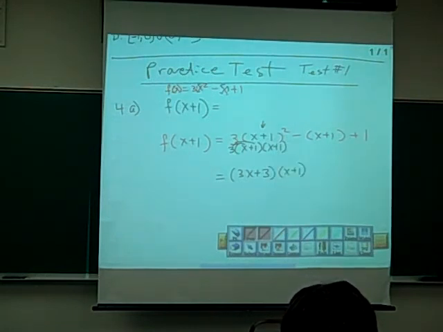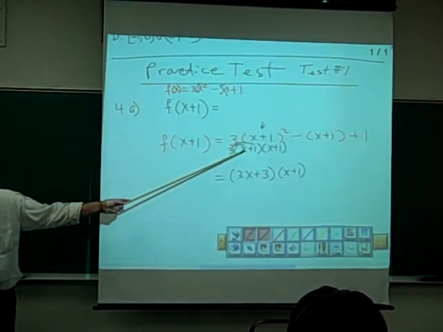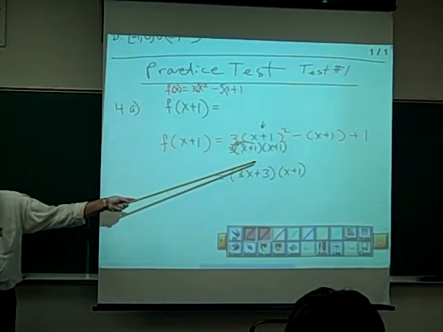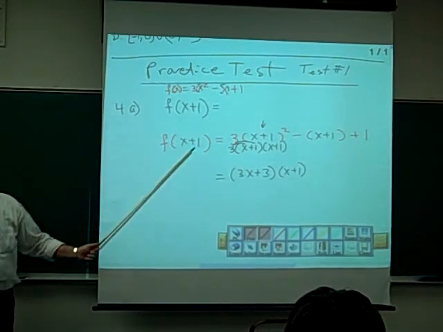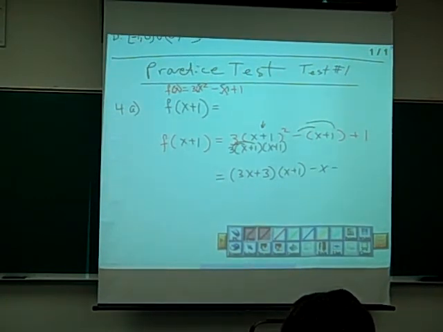It's easier to distribute the 3 into the first set of parentheses and then FOIL it, than to FOIL it and then distribute the 3. Then we can distribute the negative here, and that would be negative x minus 1 plus 1. Now we can FOIL.